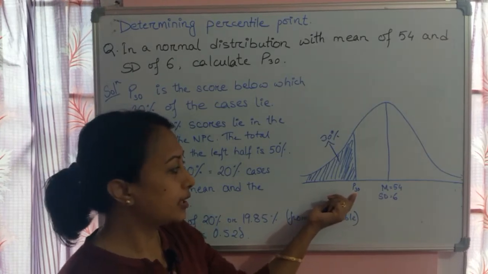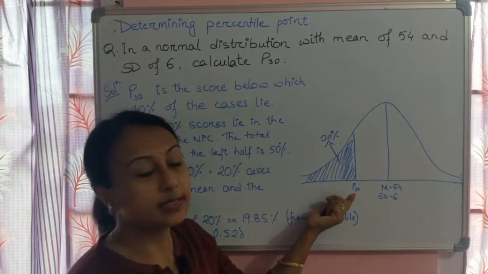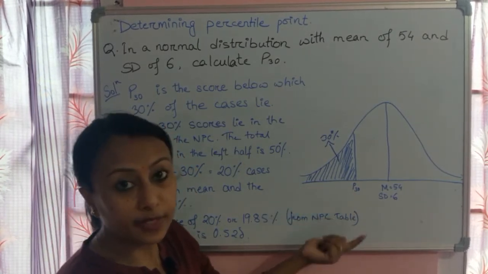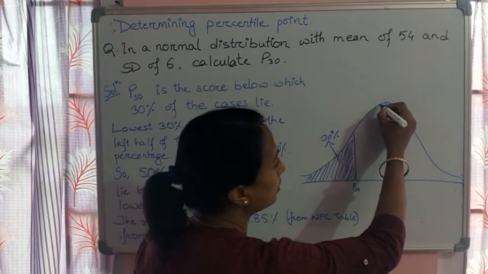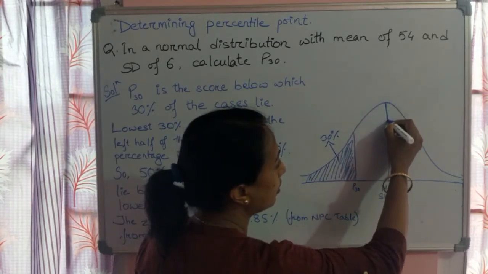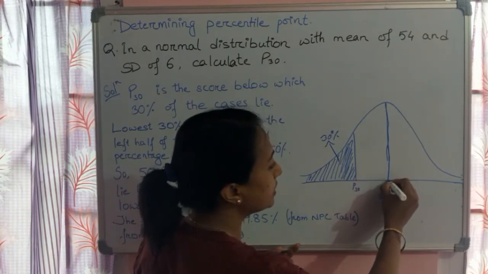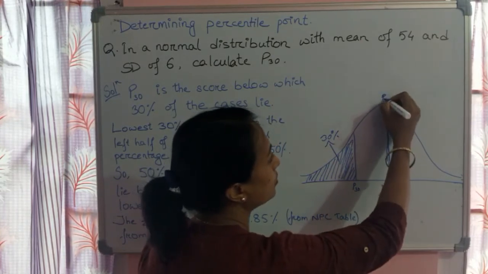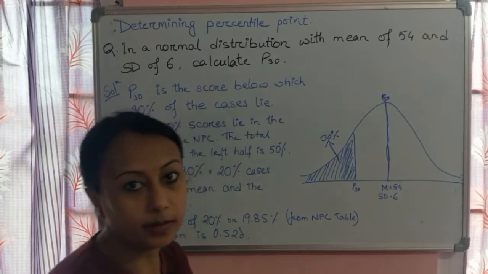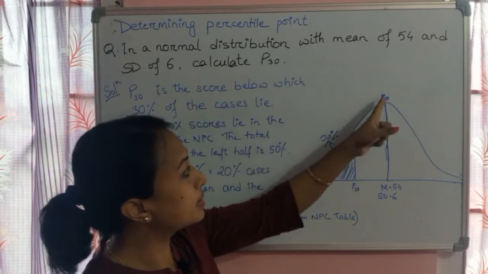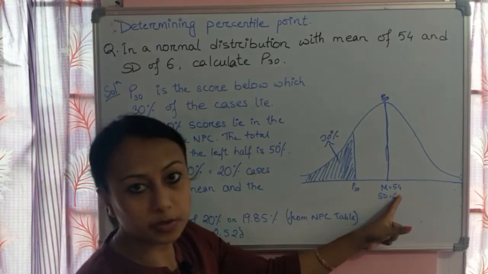If it is not P30, suppose it is P50, then we can put it here on the mean itself. This is P50 actually. In the question itself, P50 is 54.